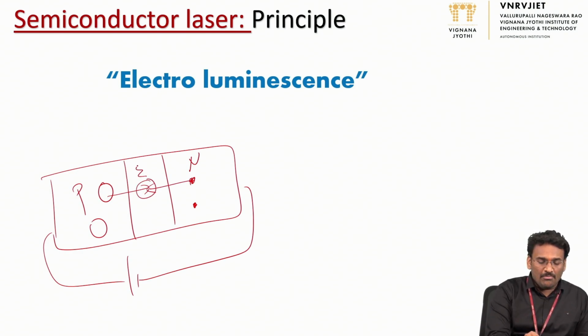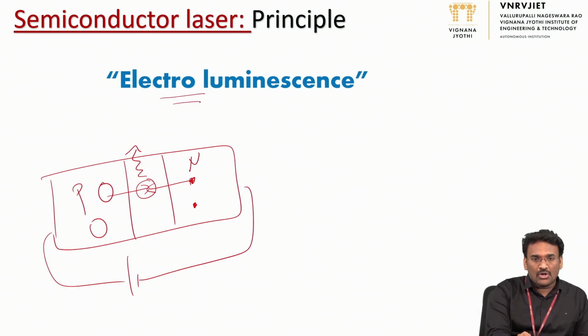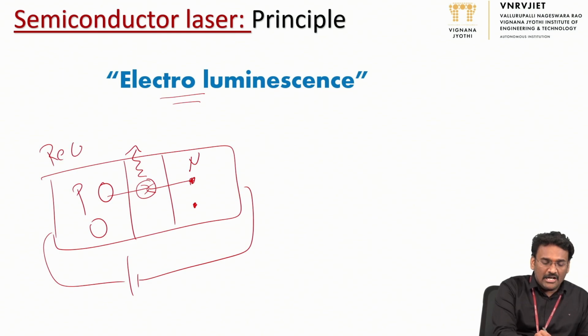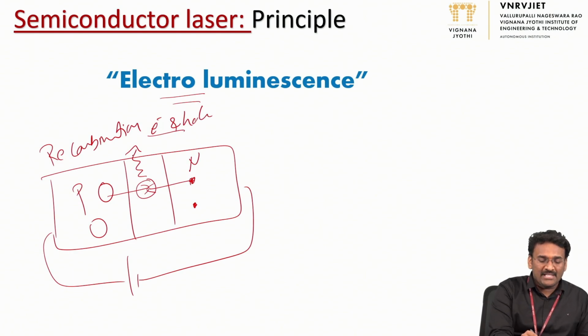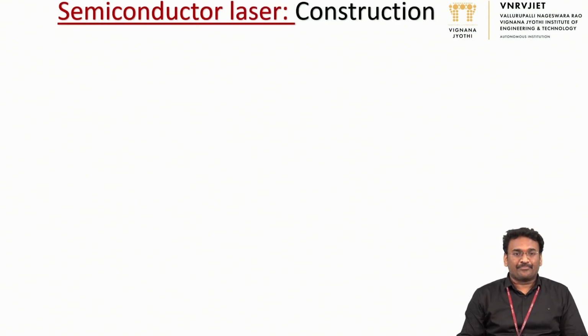By this recombination, a photon gets released. This phenomenon is called electroluminescence. We can also call it recombination of electron and hole, and this happens in the depletion region. That is the principle in the case of semiconductor laser.